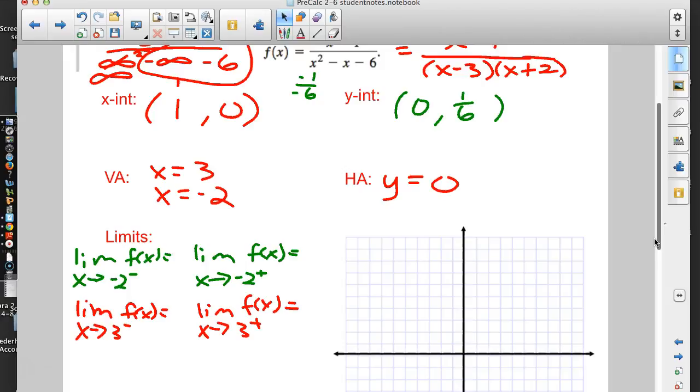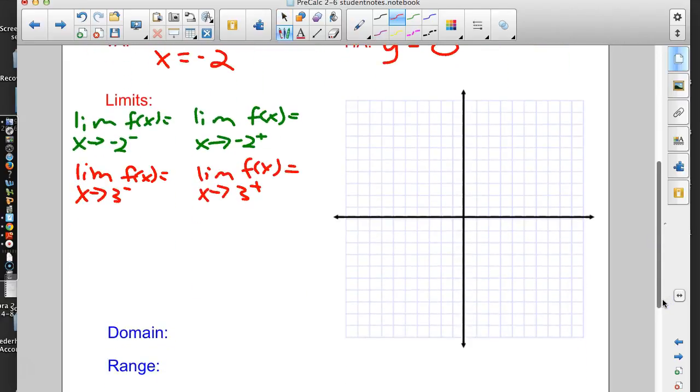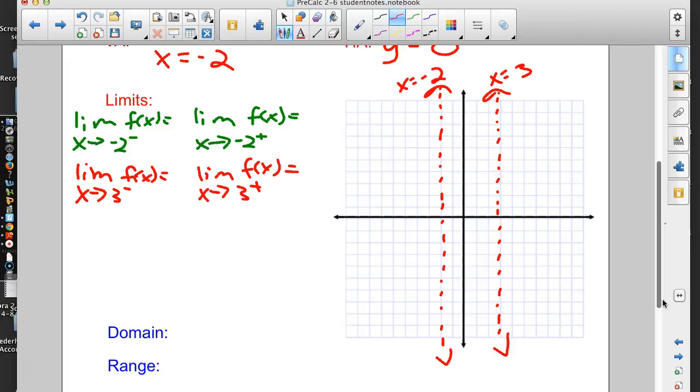All right, let's put on what we know. Vertical asymptotes at 3 and -2. Horizontal asymptote.